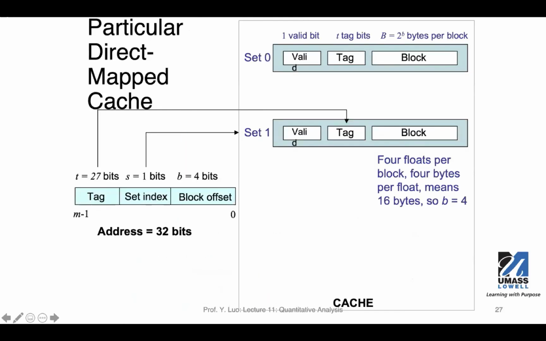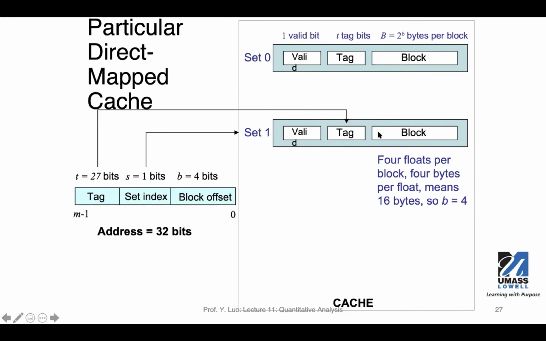Let me go back. Because at the very beginning there's nothing, the valid bit is set to 0, then we need to load the actual data. So we will load X0 and put it here. And when we load X0, because the way cache operates is in terms of blocks, the whole block will be loaded from memory to this cache.